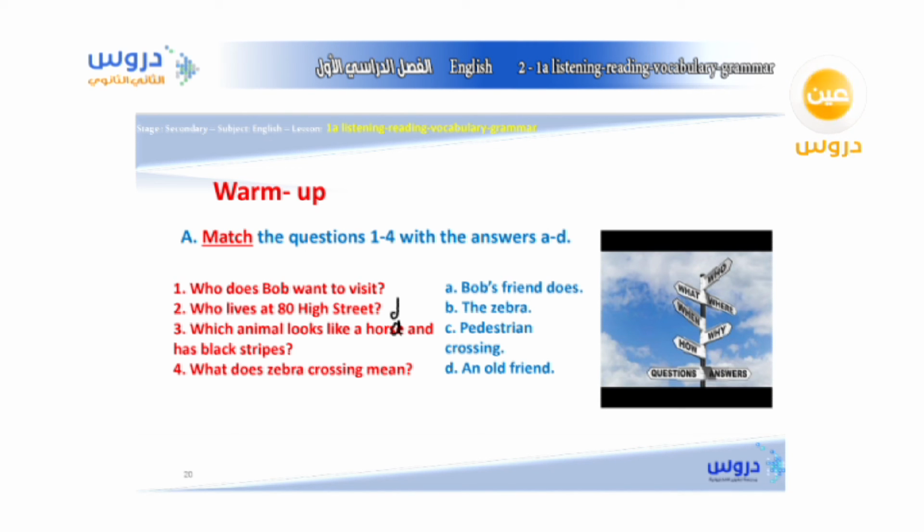It's a white and black small horse, and we call it the zebra. So this is B here. Very good. And finally, of course, what does zebra crossing mean? It means pedestrian crossing. But in England, they say zebra crossing. In America or United States, they say pedestrian crossing. Very good.